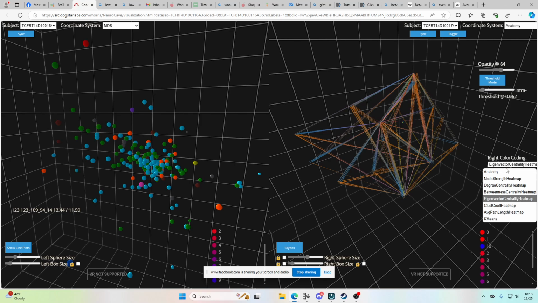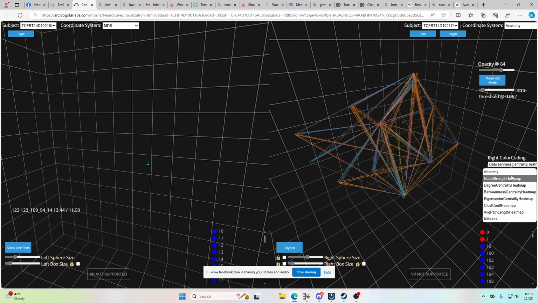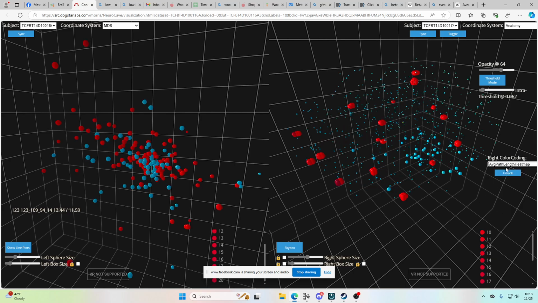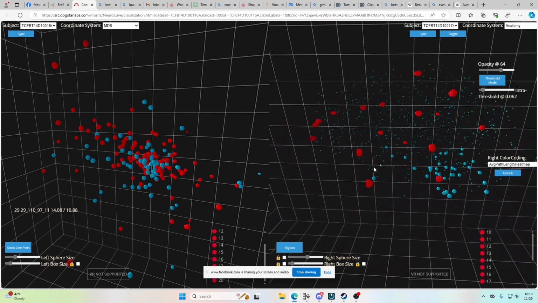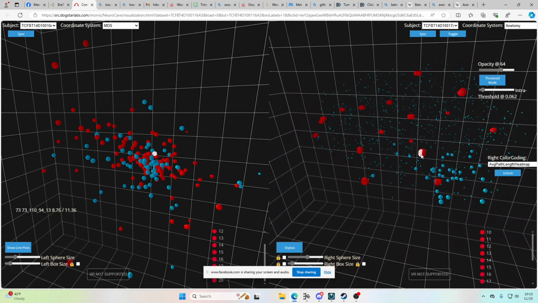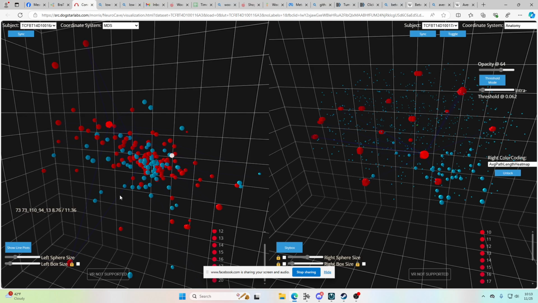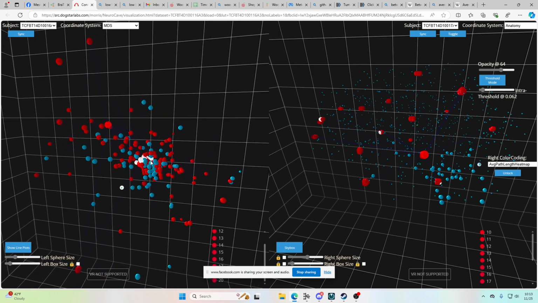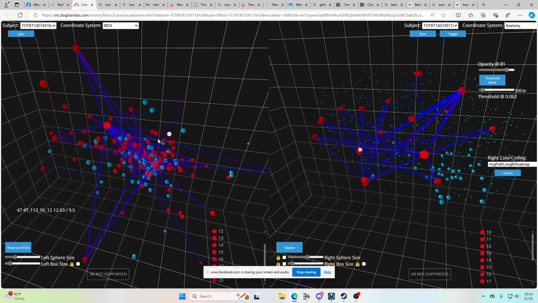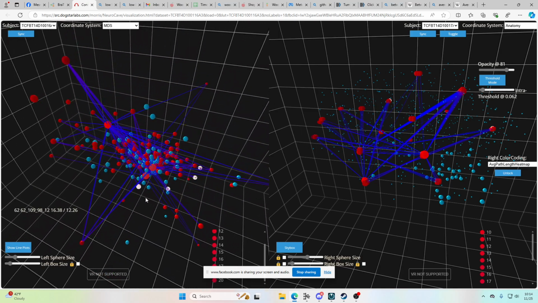Maybe eigenvector centrality. Some of these don't work. There, the average path length. That's a good one there. So these have different path lengths, and you can explore the ones that have significant average path lengths rather than the clusters that they belong to.